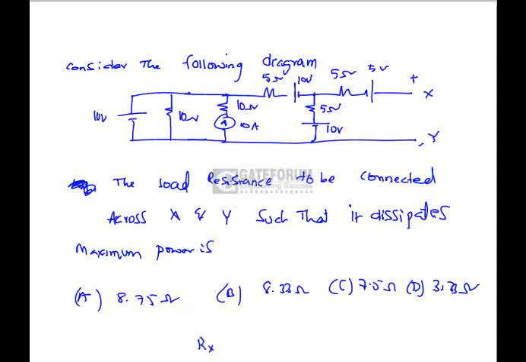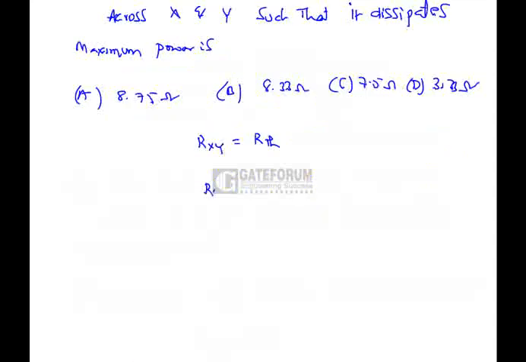That is, R_XY must be R_Thevenin for the above circuit. So we have to calculate R_Thevenin. In order to calculate R_Thevenin, we need to open the independent current source and short the independent voltage source. Then we will get R_Thevenin as 7.5 ohms, which is option C.